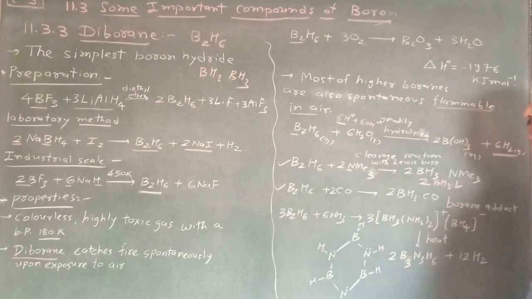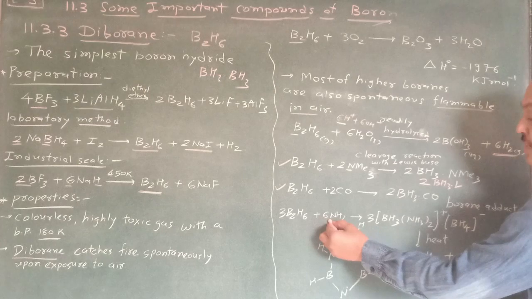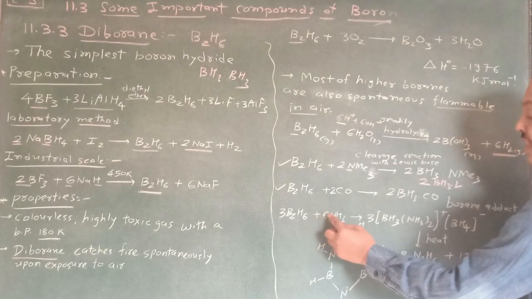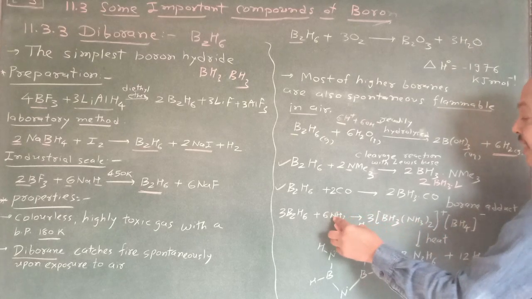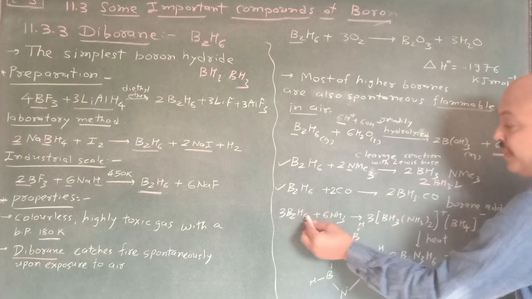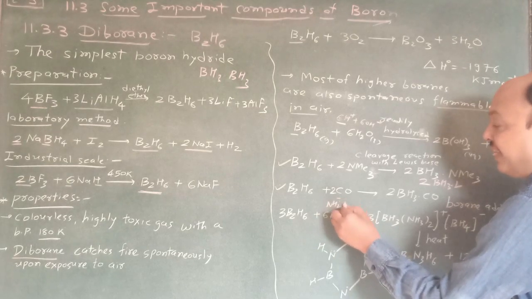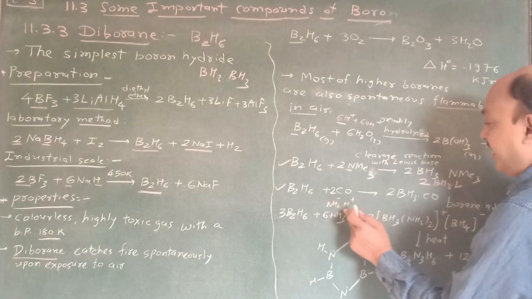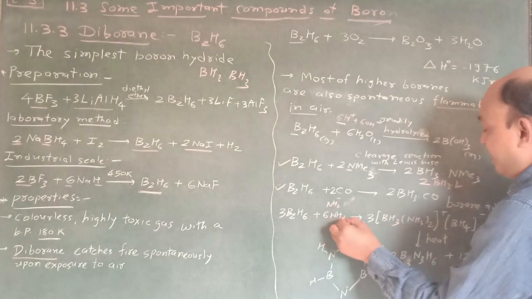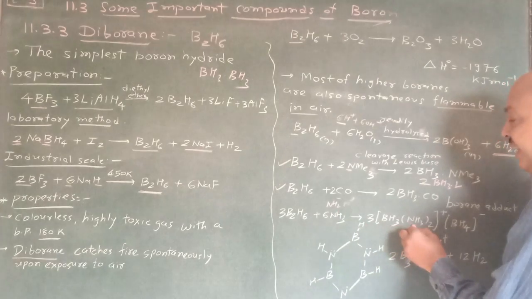Another, 3 moles of B2H6 when it reacts with 6 moles of ammonia. This is a very interesting reaction. 6 moles of ammonia is there. So here NH3 plus NH3 gives NH4 plus and NH2 minus. First of all, this B2H6 is there. Just you see, here NH3 is there, so NH3 directly reacts with boron, so BH3 and then NH3.